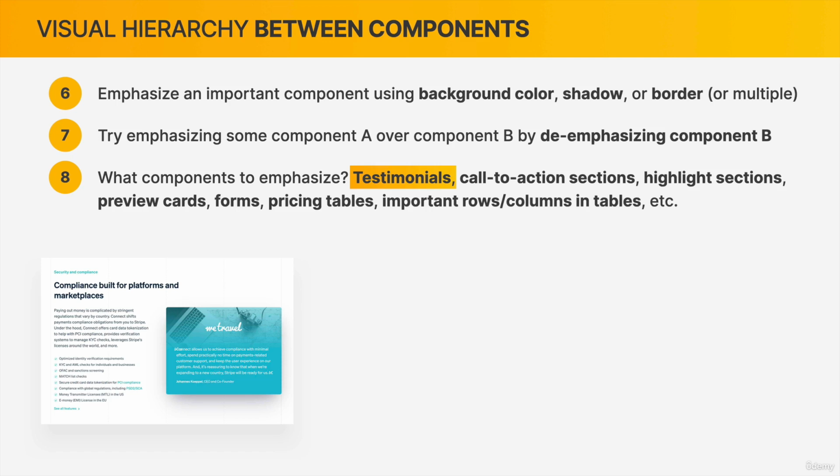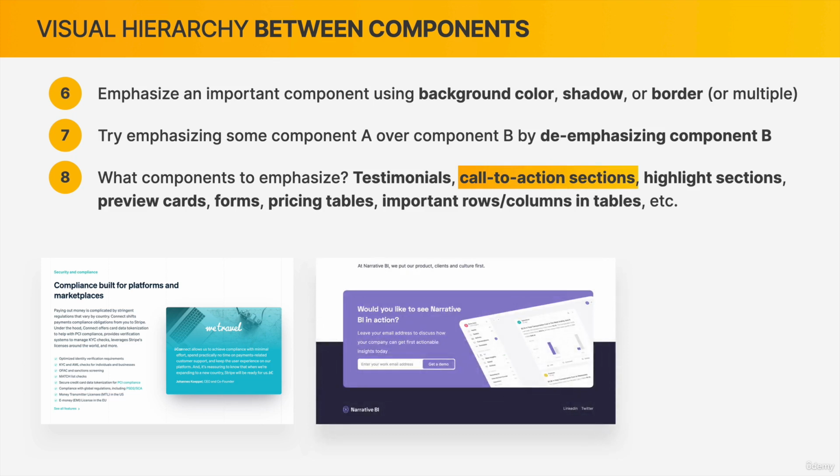So this is an example of a testimonial, so of someone talking about your own product, basically advertising it. Then we have call to action sections, which many times websites have at the end of a page so that the user signs up for their product or their service.